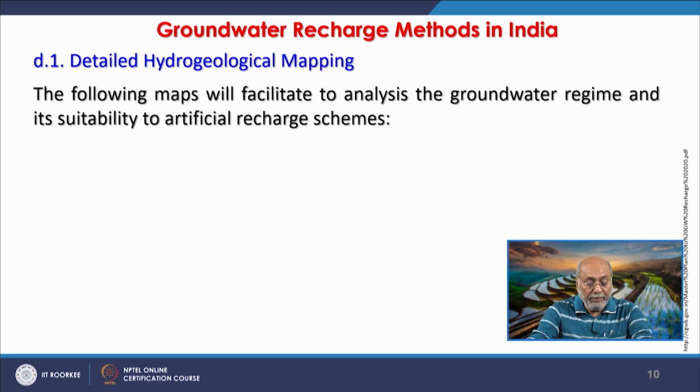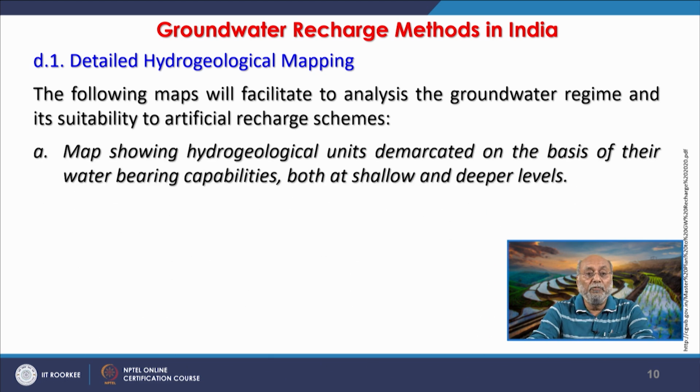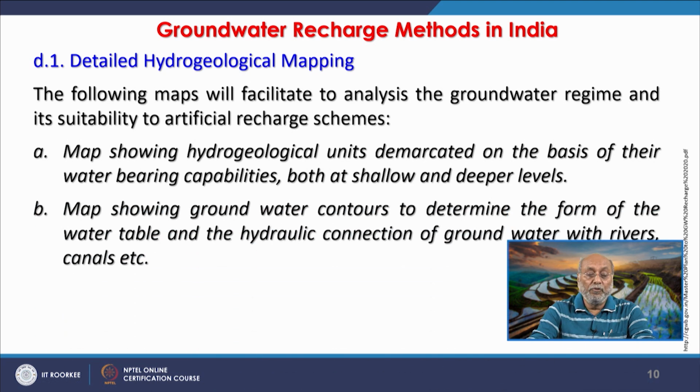For this we need various types of maps, maps showing hydrogeological units which are demarcated on the basis of water bearing capabilities, both for shallow and deeper aquifers. Also maps showing groundwater contours to determine the form of the water table.